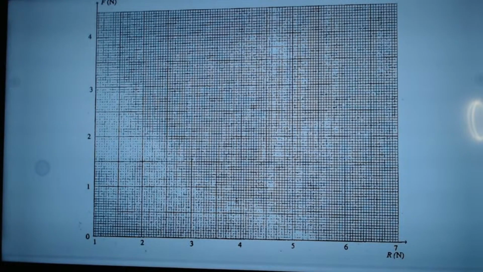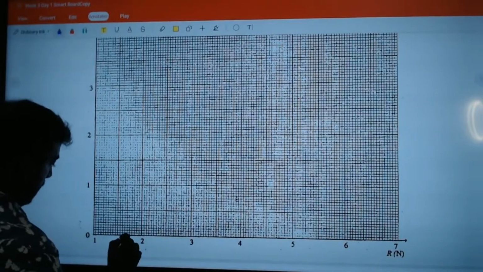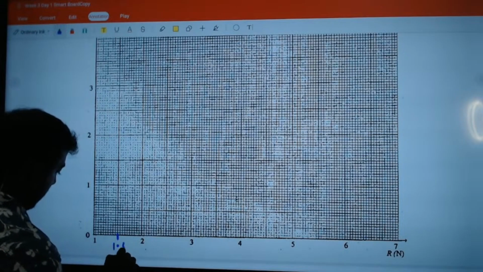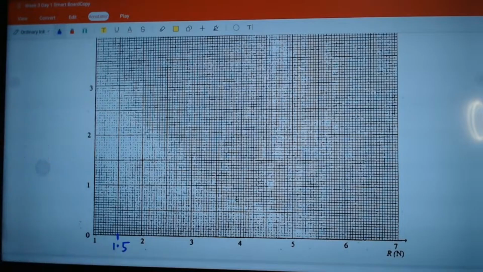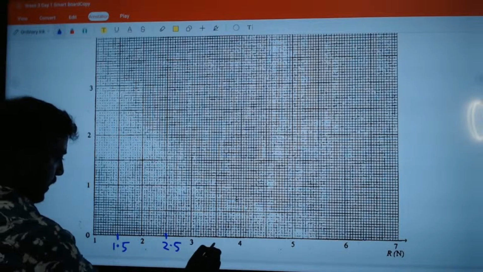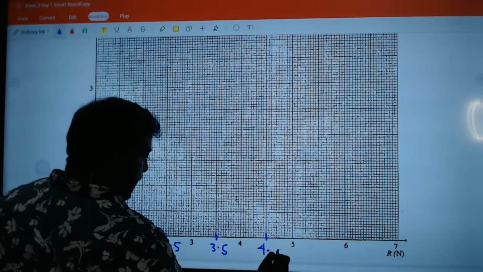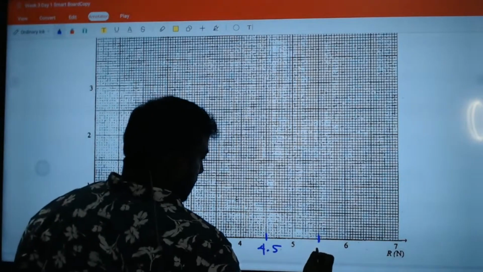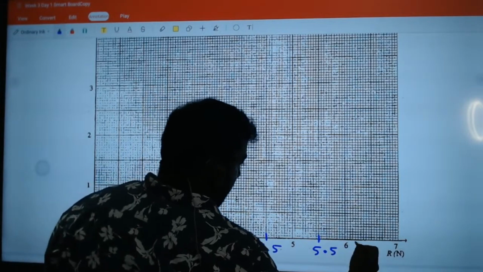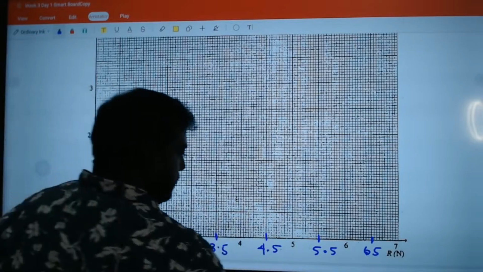First one, normal reaction 1.5. Then you have normal reaction 2.5, normal reaction 3.5, normal reaction 4.5, normal reaction 5.5, normal reaction 6.5.